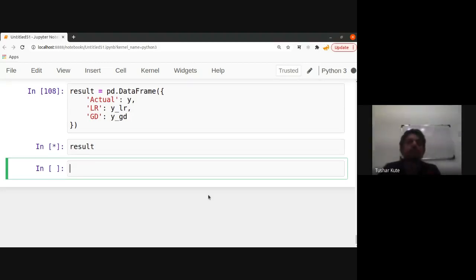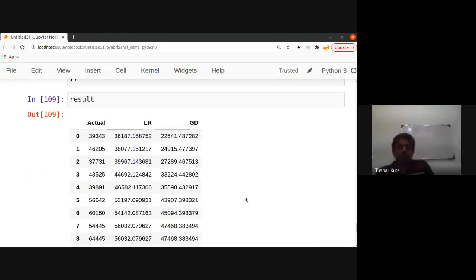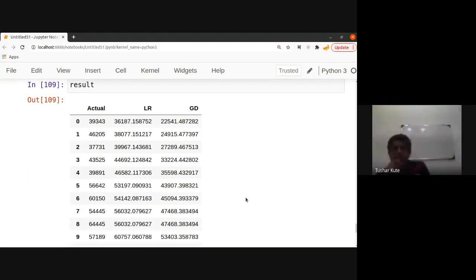And if you see this result, check out the difference between the actual value, LR predicted value, and GD predicted values. So you will find a difference in these values. That's why gradient descent is not that accurate.